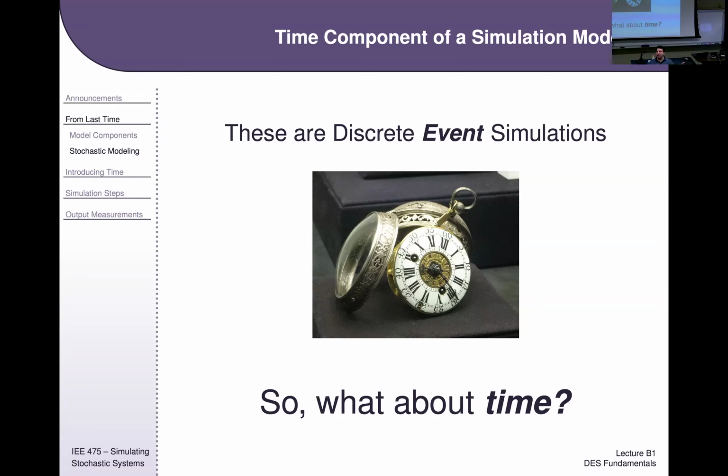If I'm modeling how much this room is being used, all I care about are when the arrivals happen. I don't care about what happens between the arrivals. So I can be much, much faster if I can jump from arrival to arrival to arrival, and jump over all these steps.